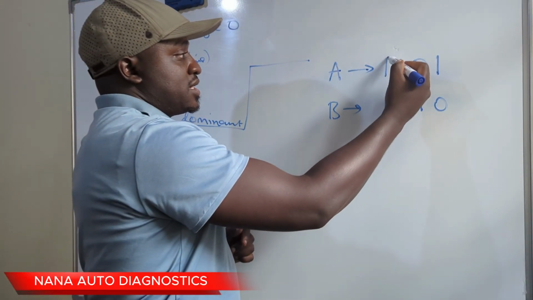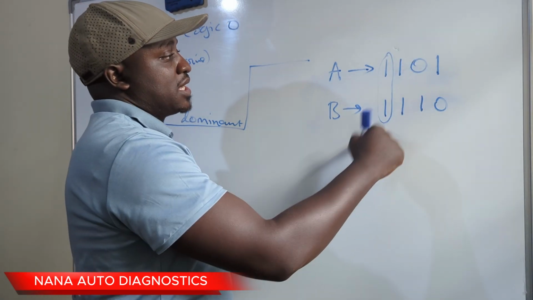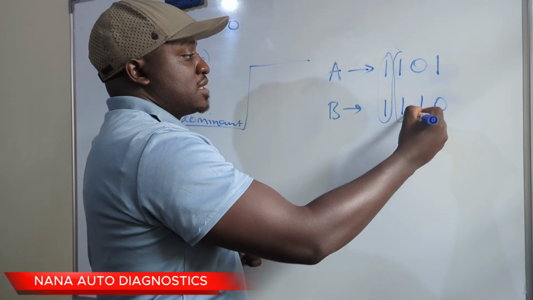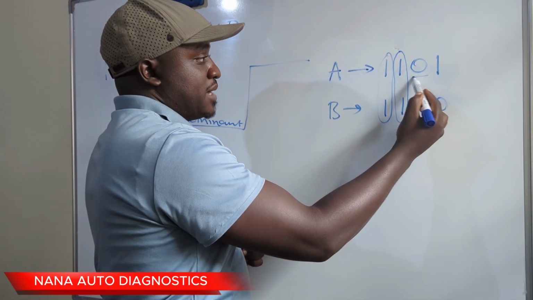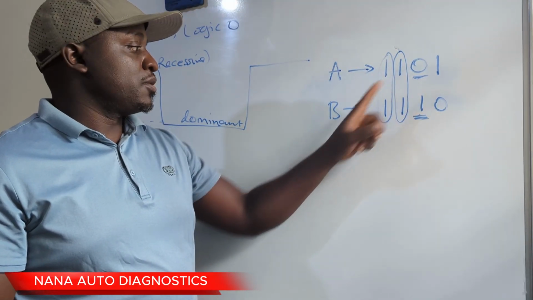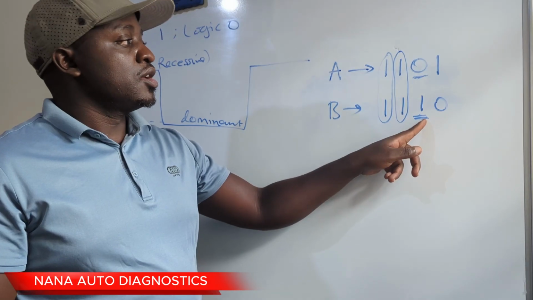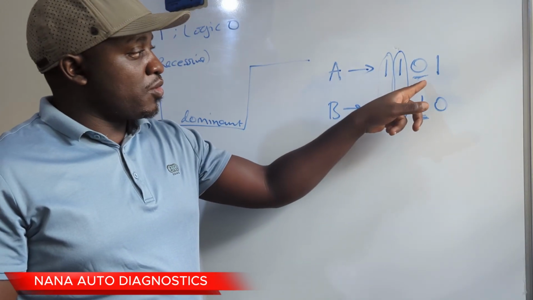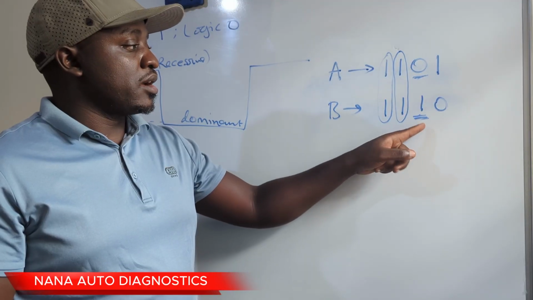When you look at the first bits, they are all the same. The second ones are also the same. When we come to the third bit, node A is transmitting a 0. Node B is transmitting a logic 1. So a logic 0 is dominant over a logic 1.